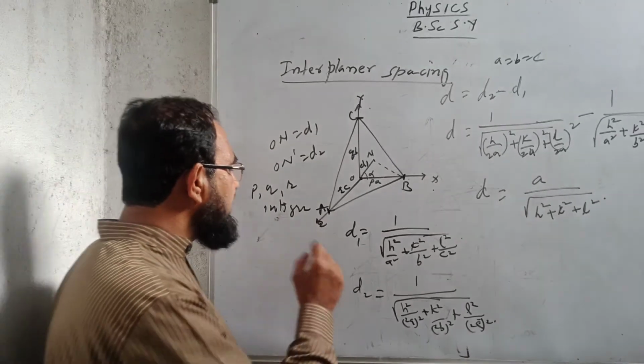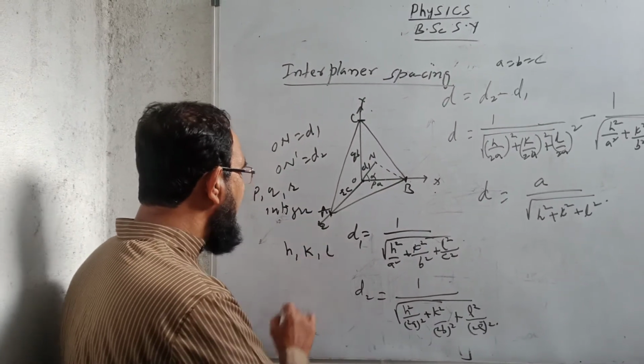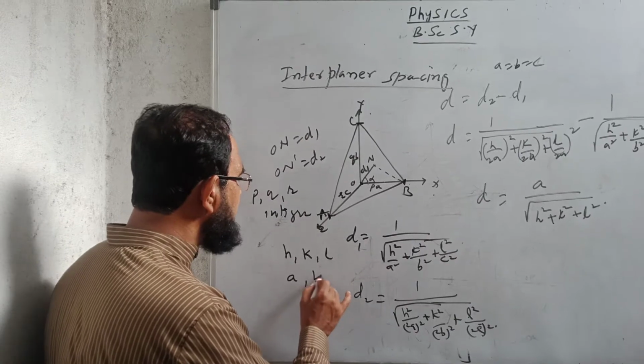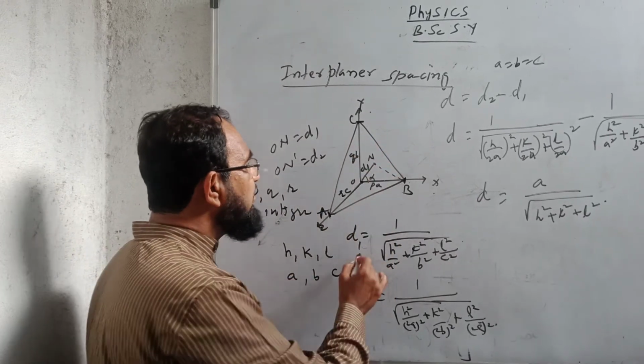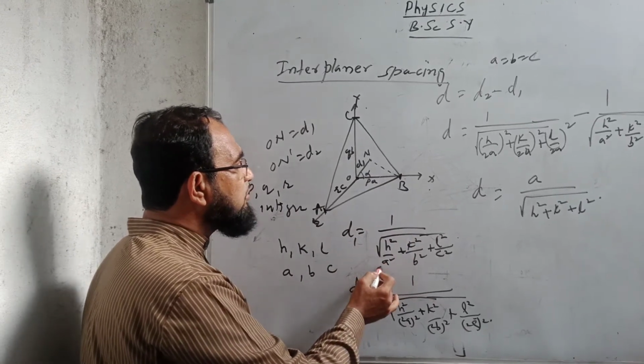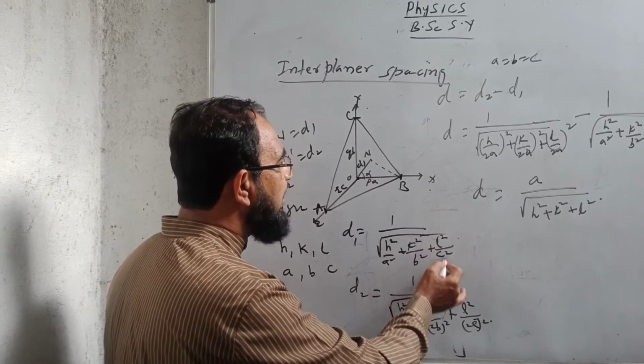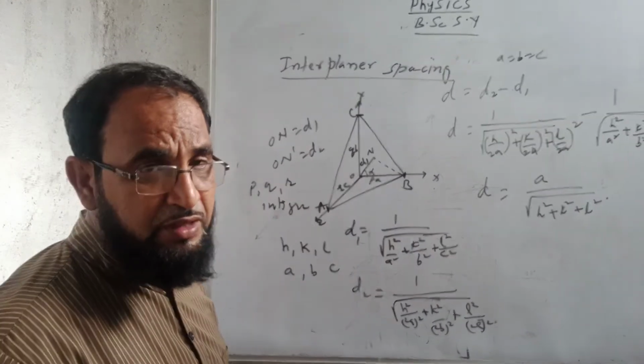So I can use the Miller indices h, k and l and the lattice constants a, b and c. I will deduce the formula as d1 is equal to 1 over the root of h square by a square plus k square by b square plus l square by c square.